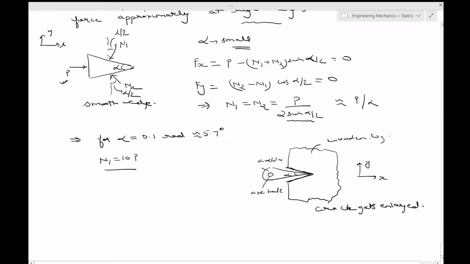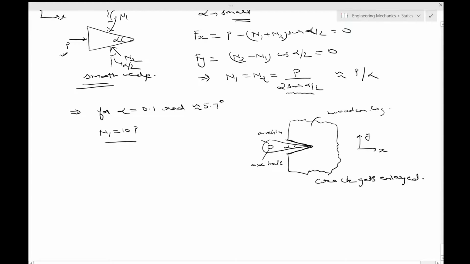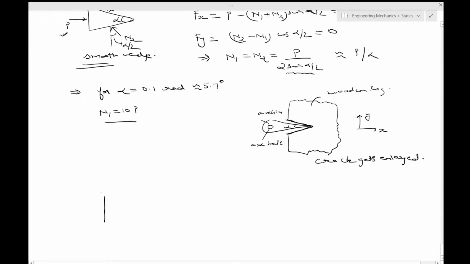Now this was a smooth wedge clearly. Now let's take a rough one where friction is present. So let me draw that.